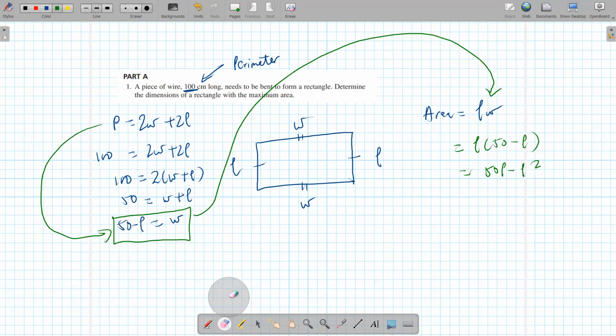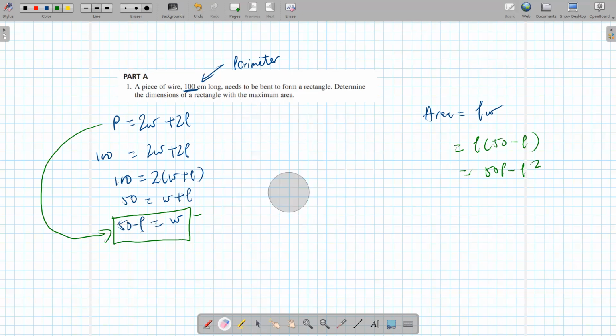Now you have an equation for area, right? What type of an equation is that? 50L minus L squared. What could it look like? That's just a quadratic.